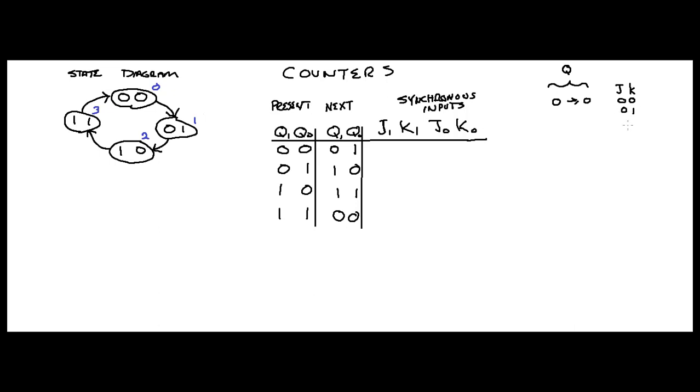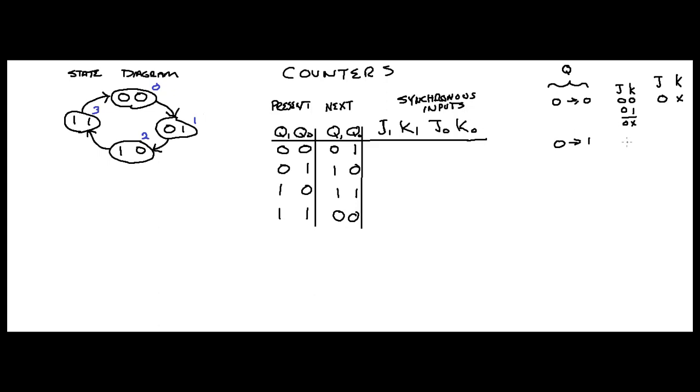So if you notice, J must be a 0. I'm going to call this J right here. And your K, that can be either a 1 or a 0, right? Got it? So that's an X0. Now, what if we're going from 0 to 1? What's going to cause that? Well, two things, right?